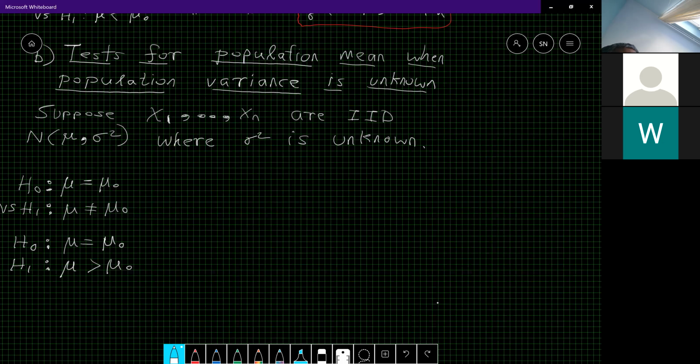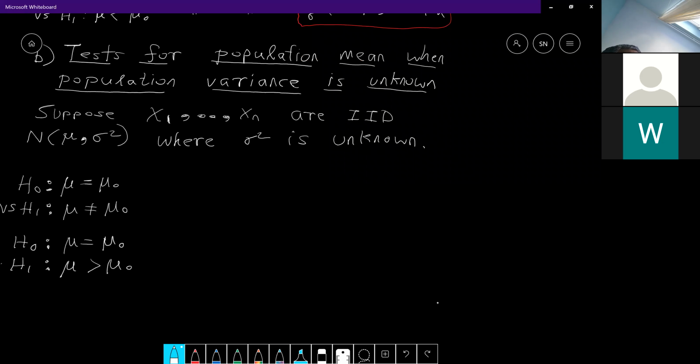These are the three sets of hypotheses, and the corresponding rejection rules are as follows. For the first one, you reject H0 if the following is true.